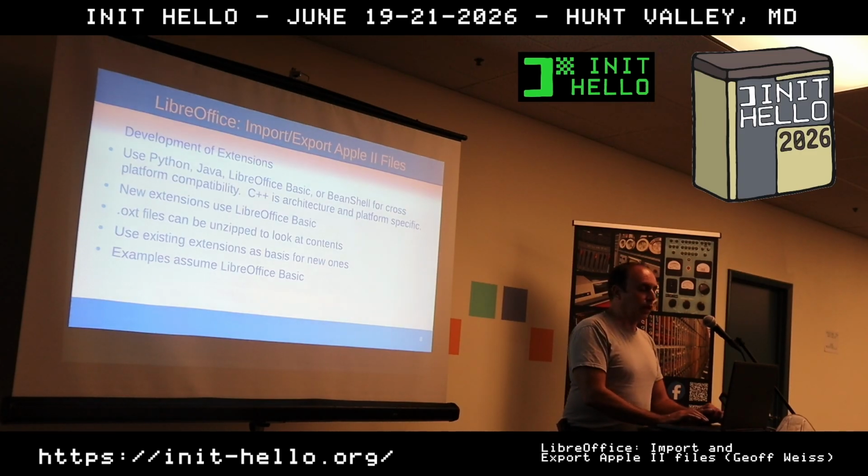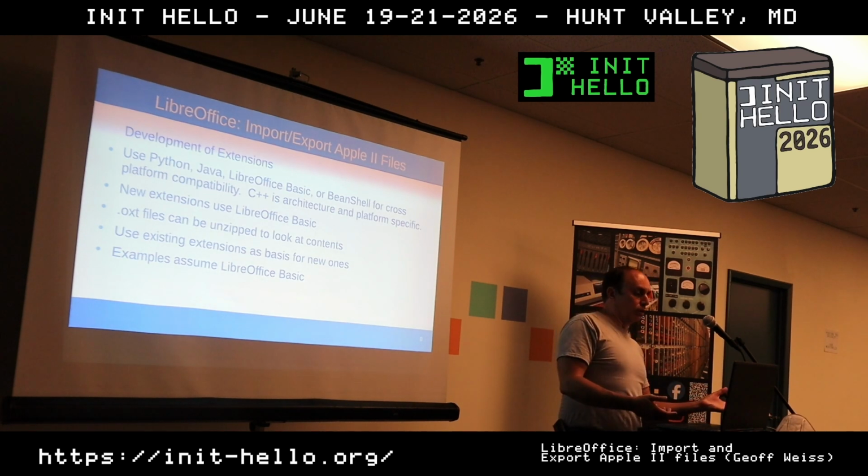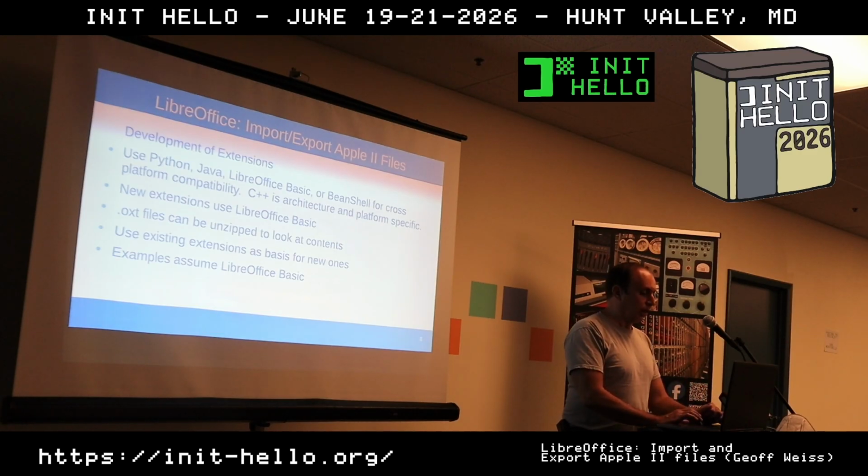LibreOffice also allows C++ development for extensions, but those will be both architecture and platform specific. That reduces cross-platform compatibility. Architecture meaning, is it ARM versus x86? Is it 64-bit versus 32-bit, etc. So every architecture would need its own version of the software.